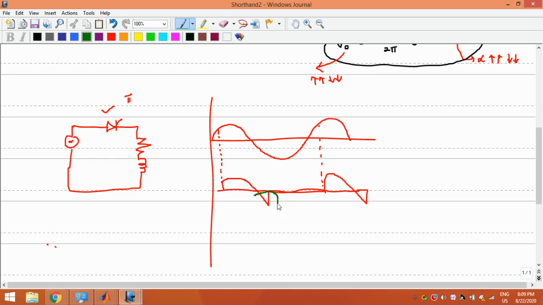This dip in the negative part comes because of this inductance. So after zero crossing, this inductor stored current is discharged in this closed path. Because of that, the SCR does not turn off at this moment, rather it remains in on state. Once it remains in on state, you will get the negative part also of your source voltage.